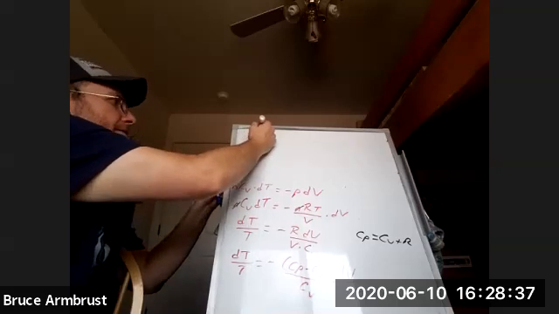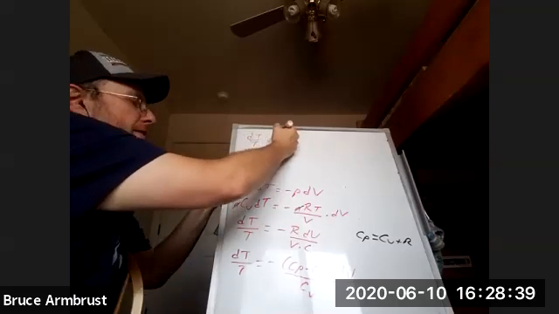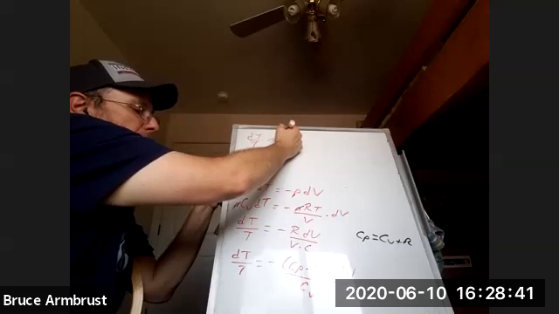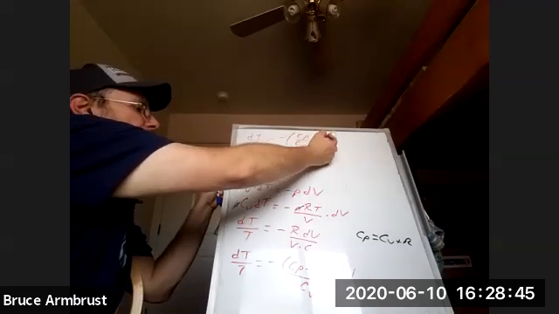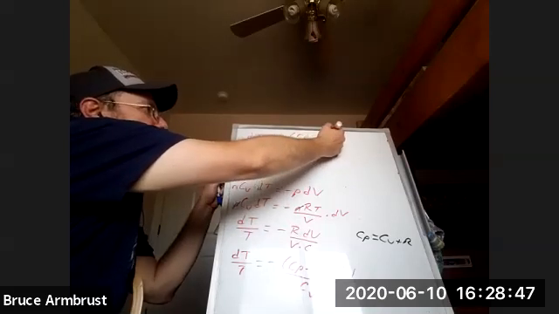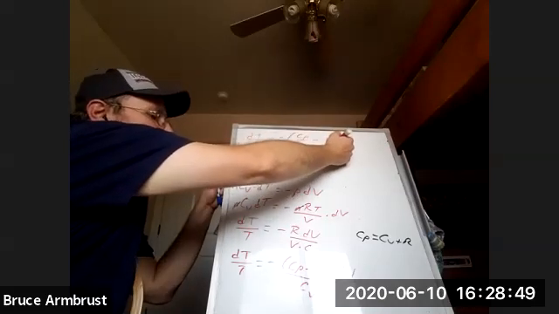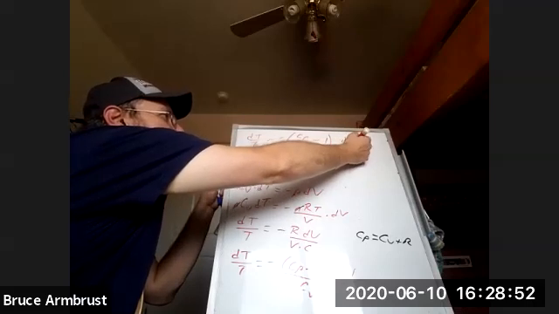So I get dT over T is equal to minus Cp over Cv minus 1, times dV over V.